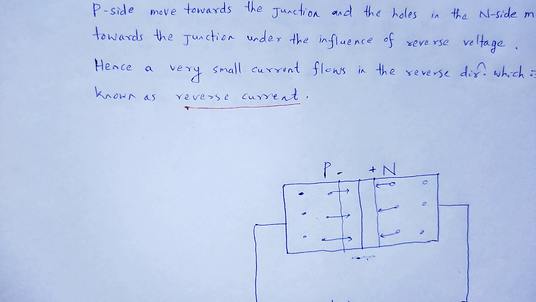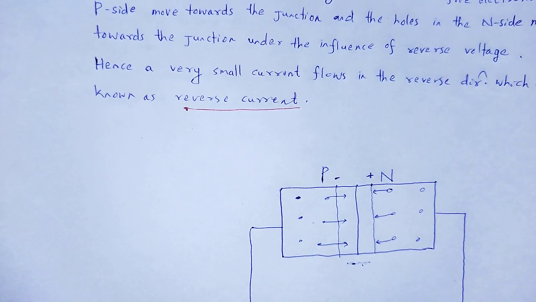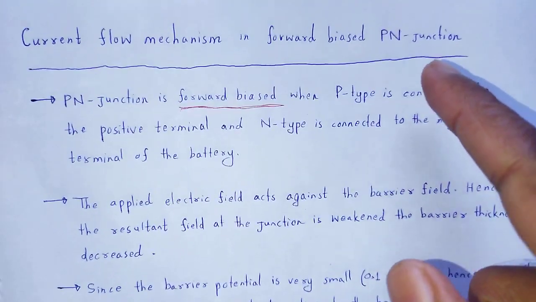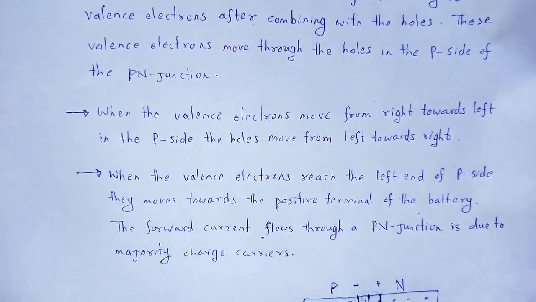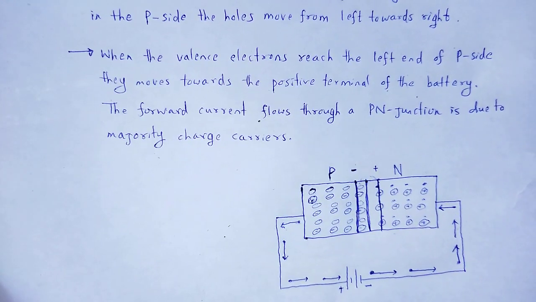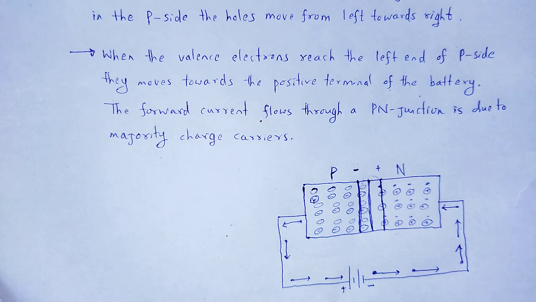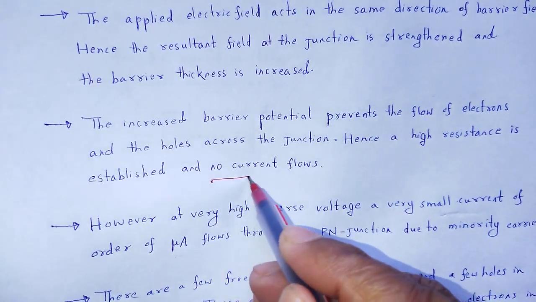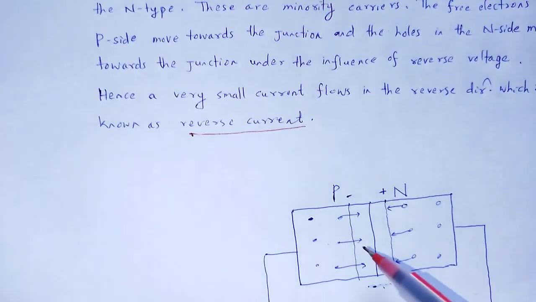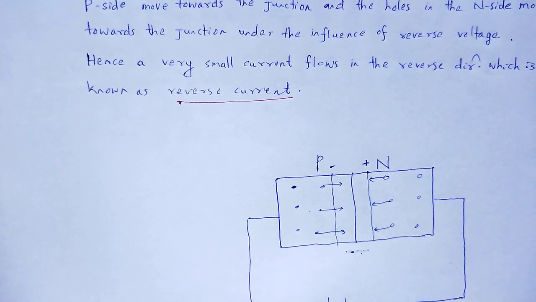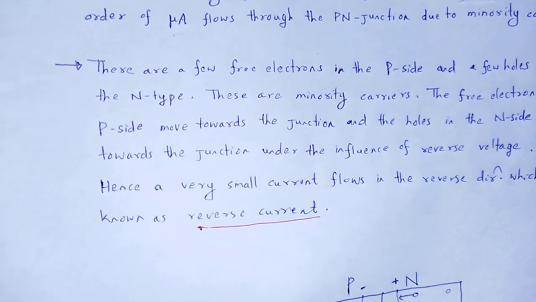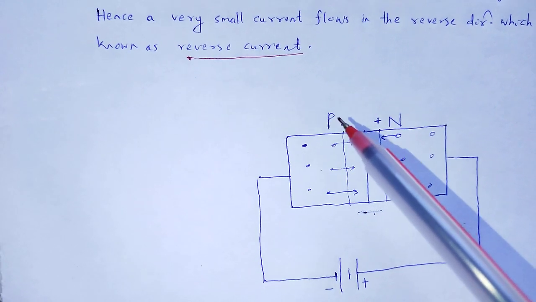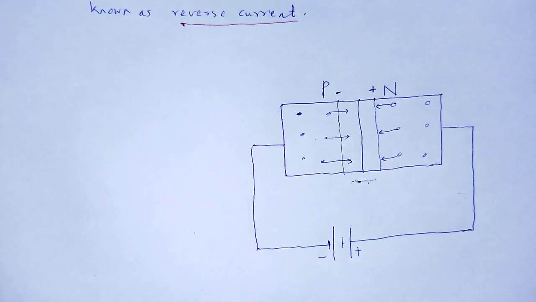Okay. So, overall we can say in the forward bias situation of the p-n junction, current flows throughout the p-n junction, but in the reverse bias situation, no current flows through the p-n junction, except some amount of current, which is known as the reverse current, due to the minority charge carriers.